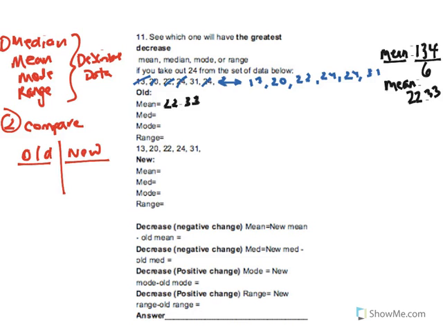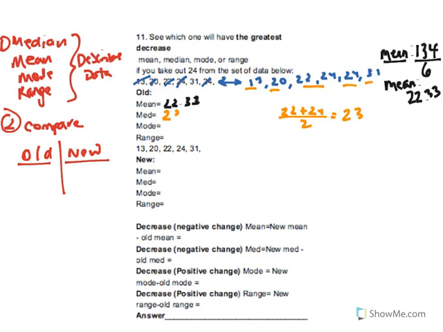Let's find the median. So remember the median. We take one off each side to find the number in the middle. So we have two numbers in the middle here. So we're going to find the average of those two numbers. We get 23.